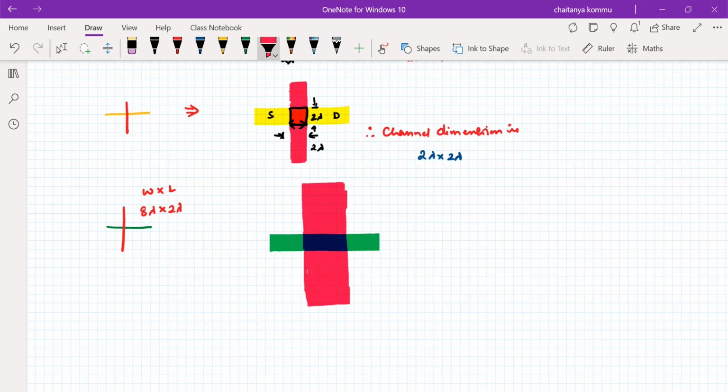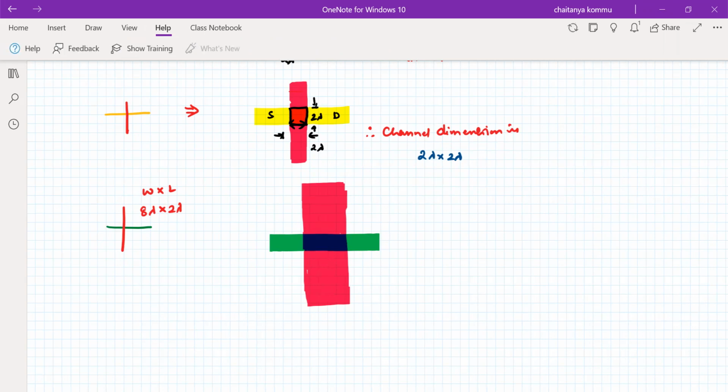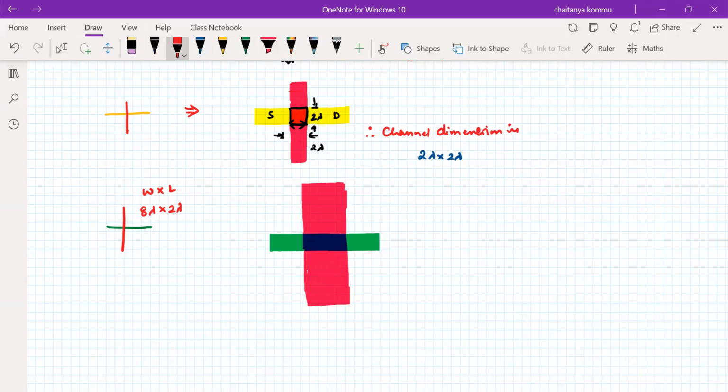What are the dimensions of this transistor then again? You can see here very carefully, from here to here. This is the source, this is the drain, right? This is the length here. Here, this is called the width of the diffusion.